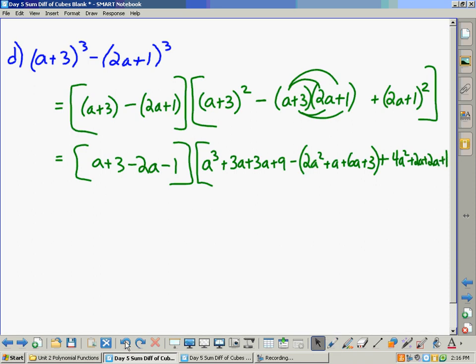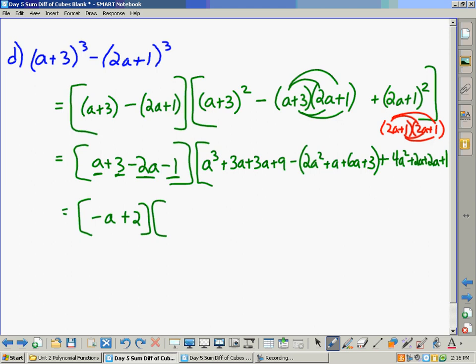Again, verify that. Remember, this means 2a plus 1 times 2a plus 1. So rainbow, rainbow, rainbow, rainbow. Simplify over here. I've got a minus 2a is negative a. 3 minus 1 is 2.